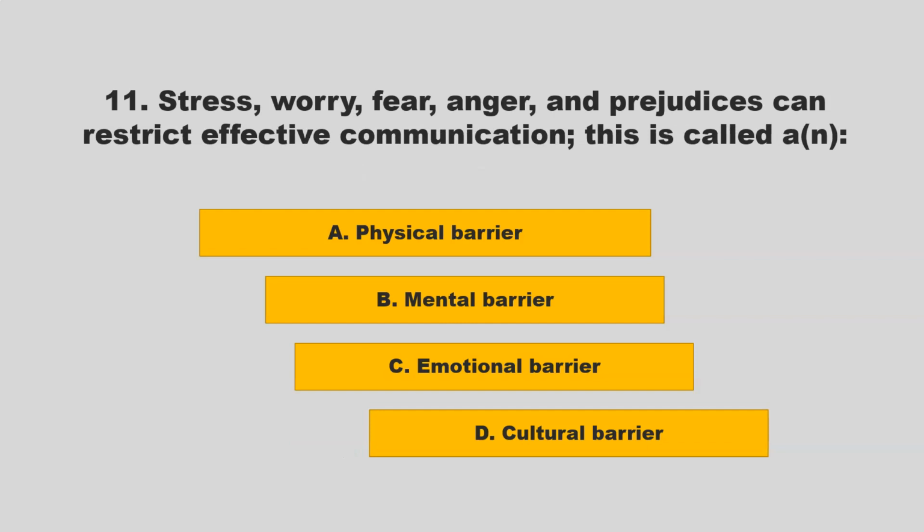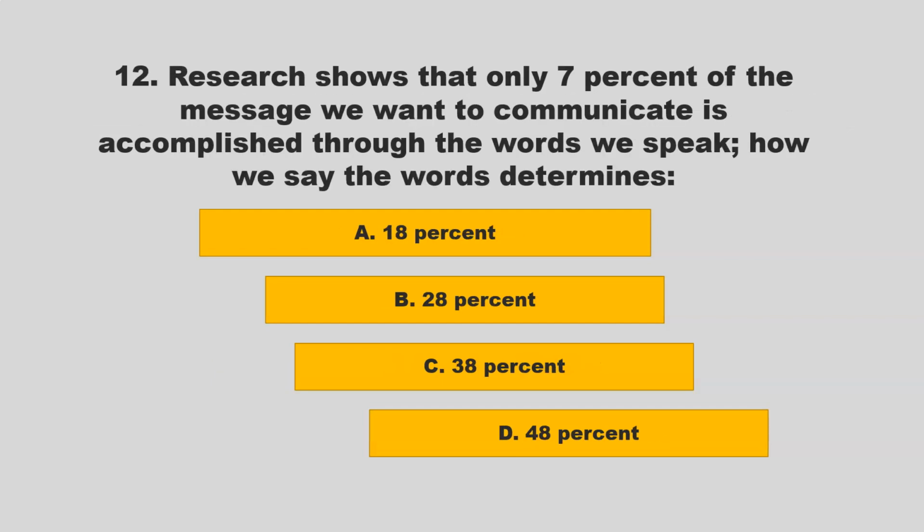Stress, worry, fear, anger, and prejudices can restrict effective communication. This is called a physical barrier, mental barrier, emotional barrier, cultural barrier. If you chose C, emotional barrier, you are correct.